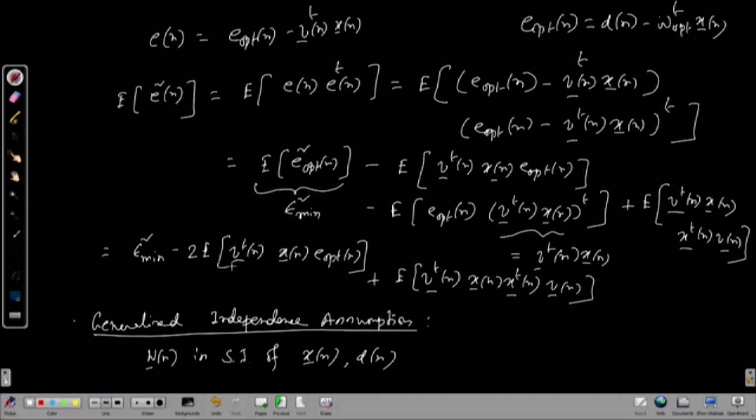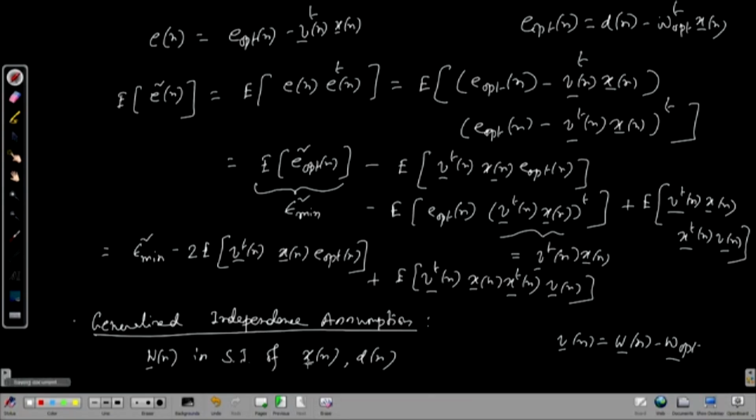What is V n? V n is nothing but W n minus W opt, so basically you are subtracting a DC, a constant, from W n. So if W n is statistically independent of x n and d n, so is V n, because V n and W n are equivalent. It is just a DC shift of W n by the constant W opt.